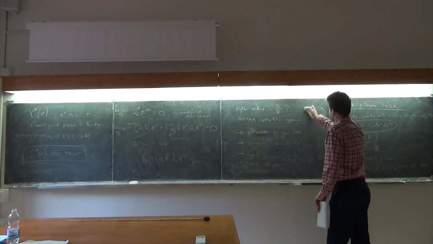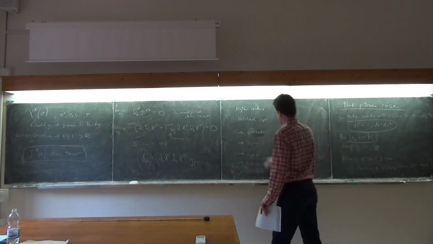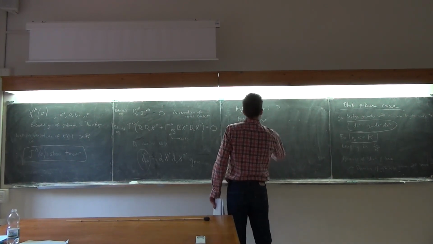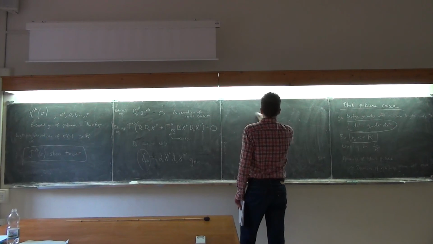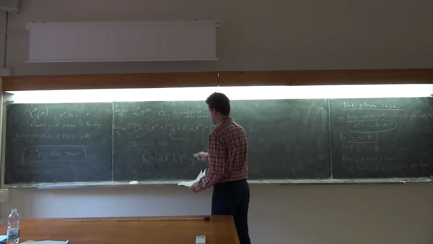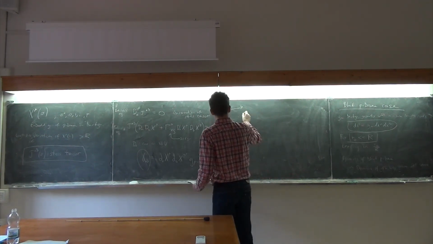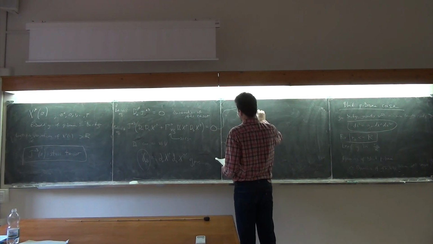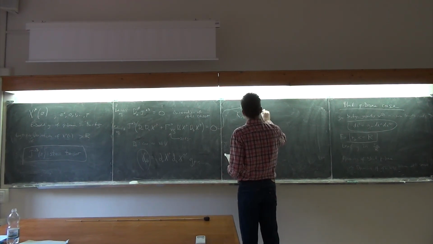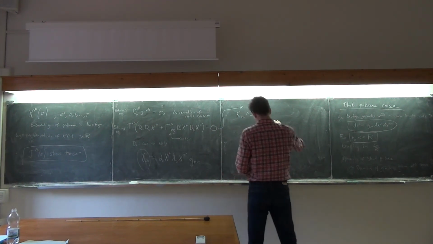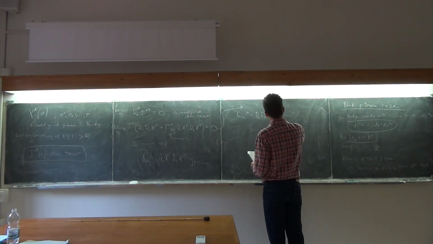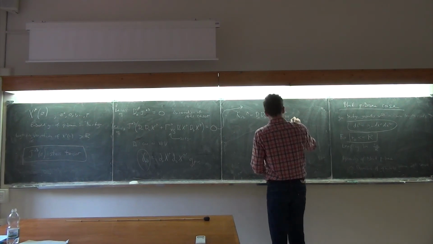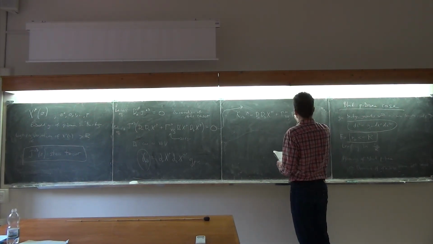Before explaining a little more what this means, I just want to write this equation in a different way, because it's customary to define this tensor, since it's a mix of world volume and background.